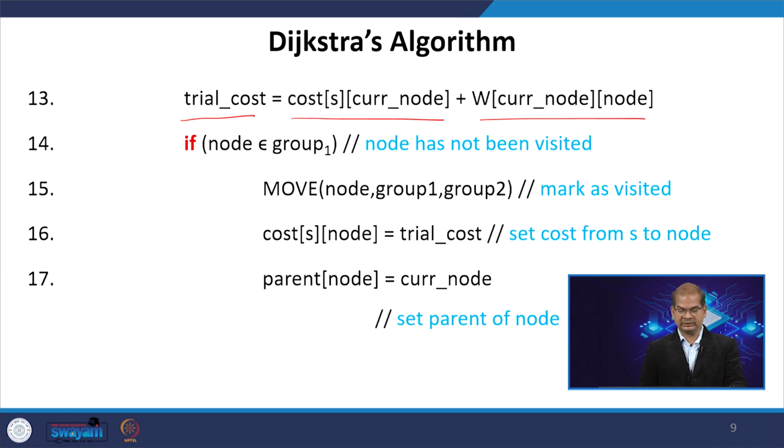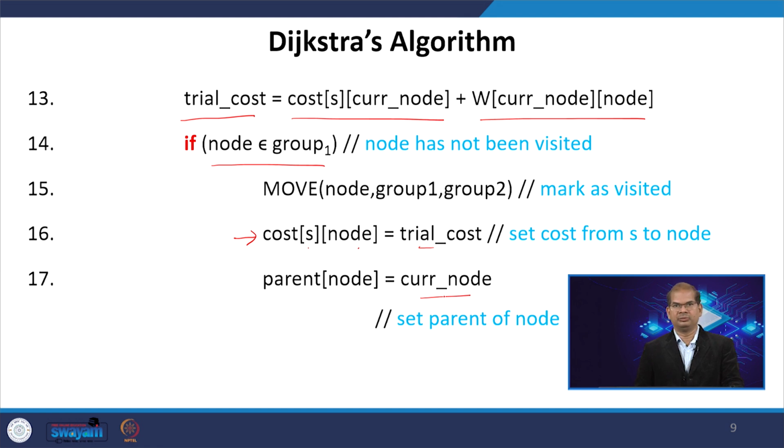I am taking each node from group 1, then finding the distance from the source to that node, which is my trial cost, and my parent node becomes the current node.